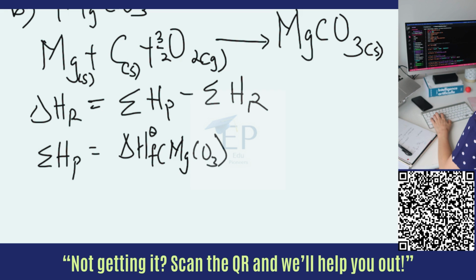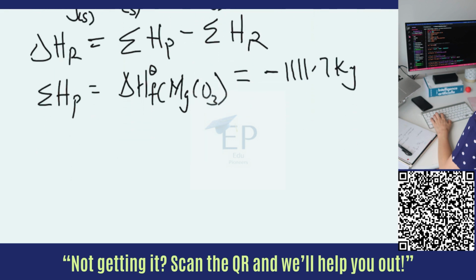And when you check the appendix, you will see that that would give you minus 1111.7 kilojoules, right? That's for magnesium carbonate.